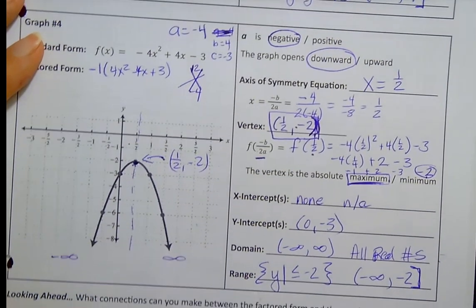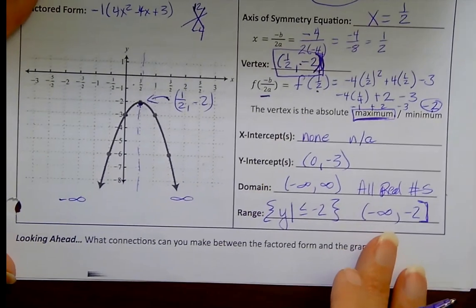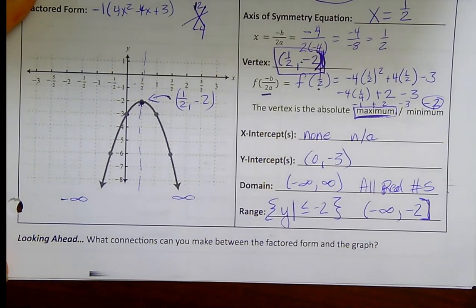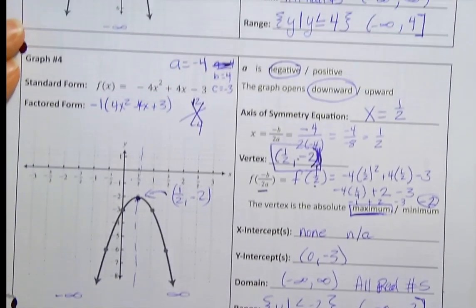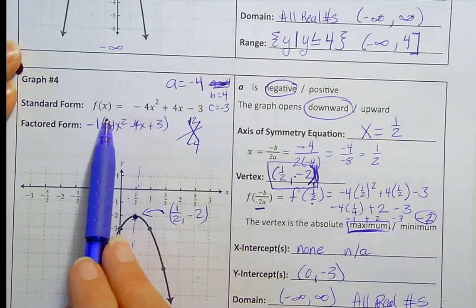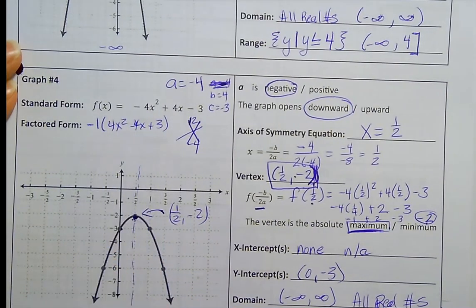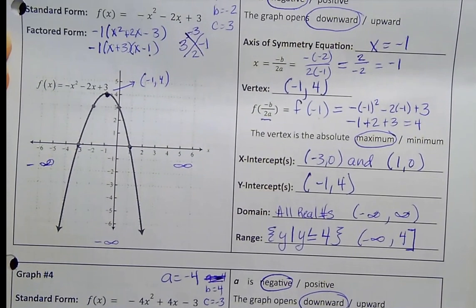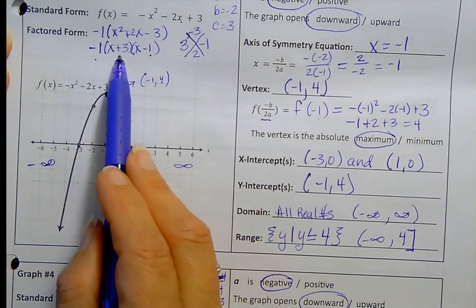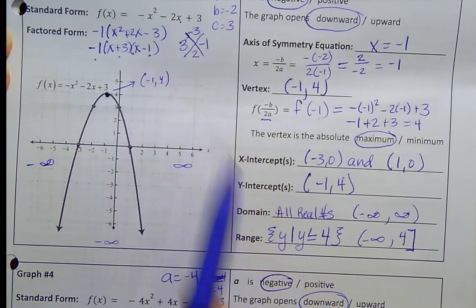All right, so looking ahead, you can be thinking about this, and I probably snuck some ideas in. What connections can you make between the factored form and the actual graph? Okay, this is my factored form here, negative 1 times a trinomial. This is my factored form here, negative 1 times a binomial times a binomial.